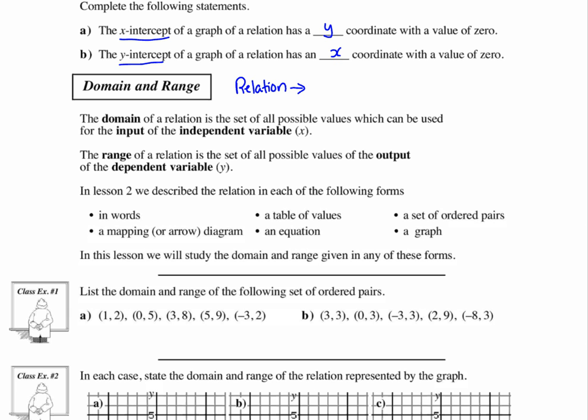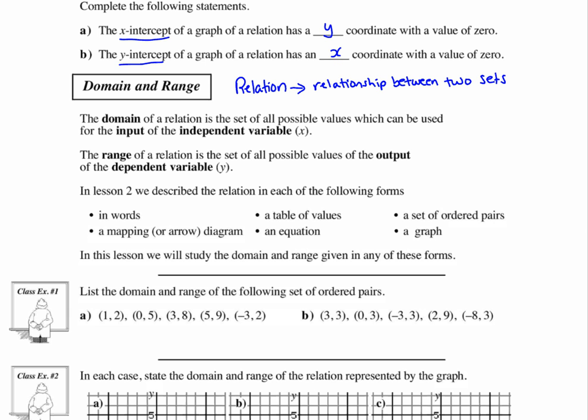So specifically, how many things do you need? 2 things. So there are multiple ways you can look at it, but a relation is a relationship between 2 things. Okay, a relationship between 2 sets.